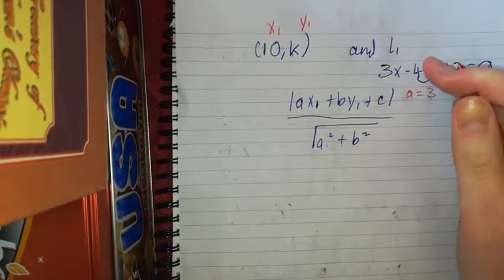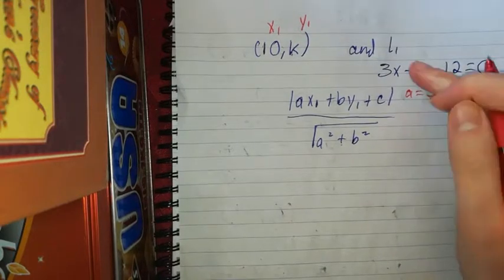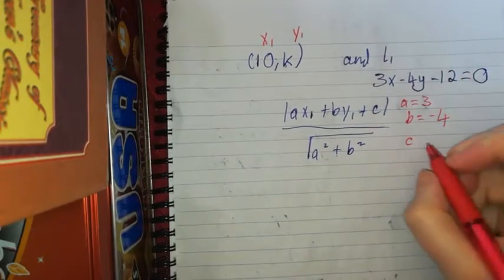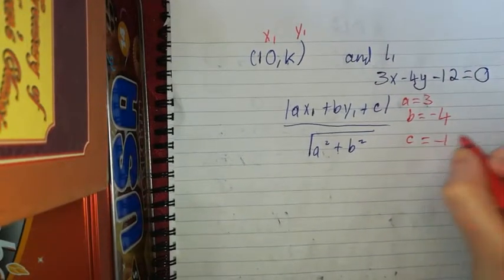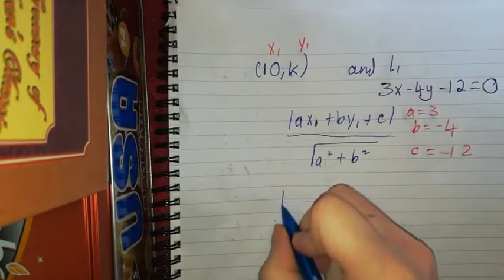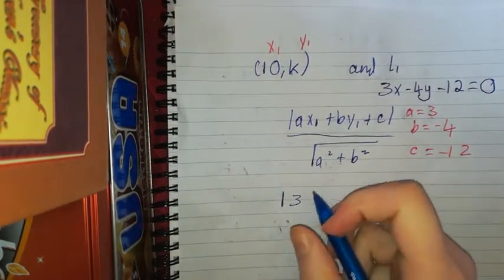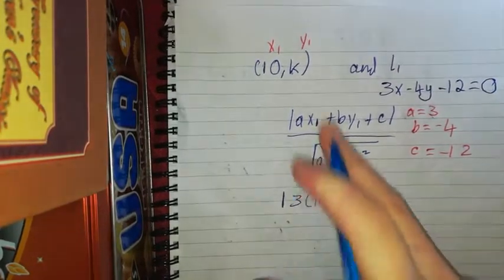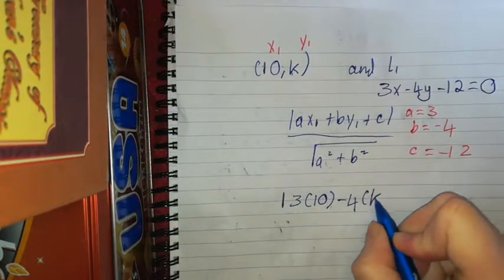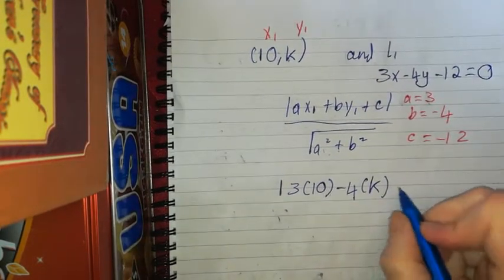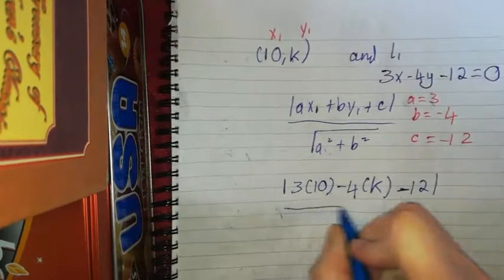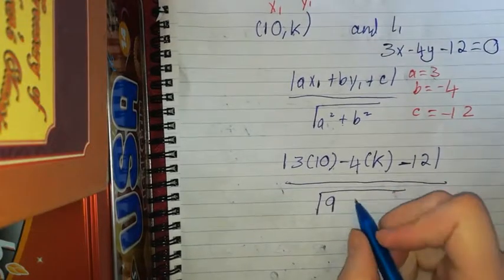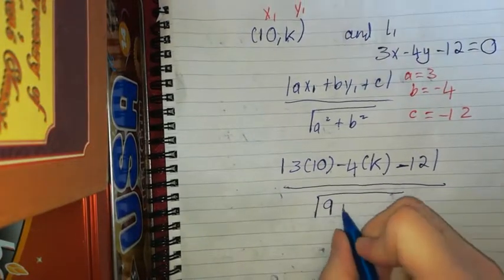The b is the y coefficient, so b is -4, and the c is the one that doesn't have a letter attached to it, so c is -12. If we sub that in, a is 3, x1 is 10, b is -4, y1 is k, and then plus c, which is -12, all over the square root of a squared, which is 3 squared, which is 9, plus b squared, which is -4 squared, which is 16.